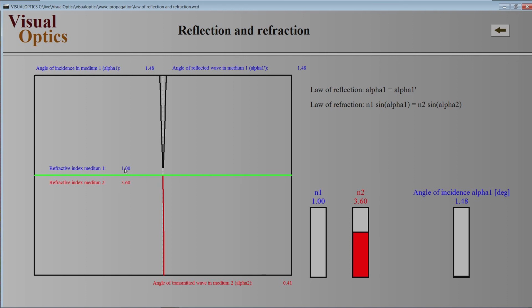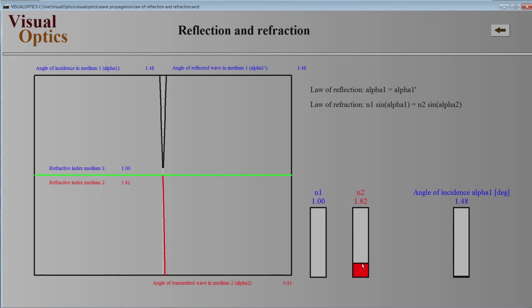Only a real part, the imaginary part is 0 for simplicity in this case, and the bottom half space here is filled with a second medium, which has a refractive index which may be different. I can tune the refractive index values here.